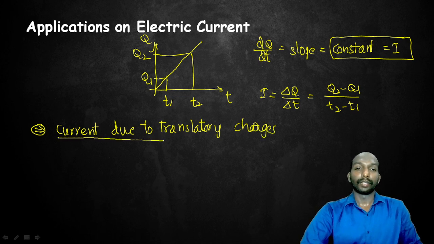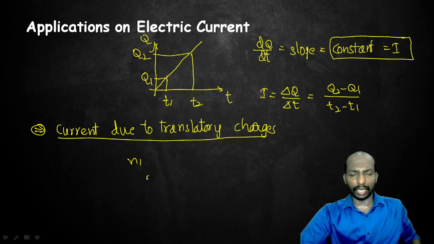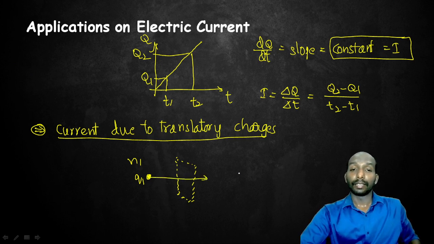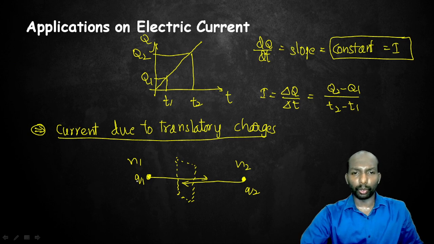Suppose I have taken n1 charge carriers of charge q1 crossing some area of cross section from left to right, and n2 charge carriers crossing from right to left. Let us consider both are positive charges only.